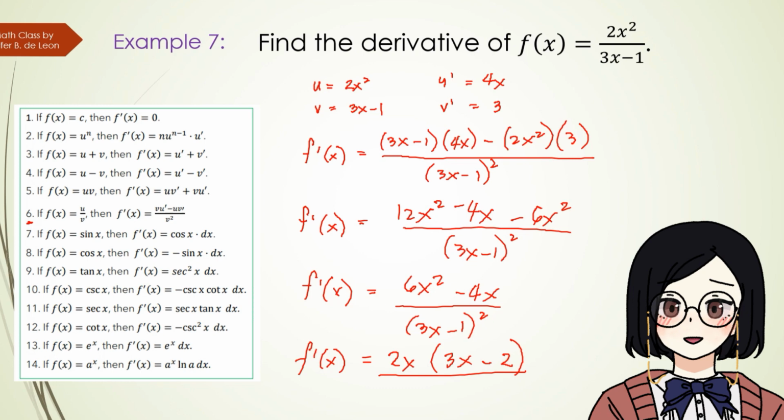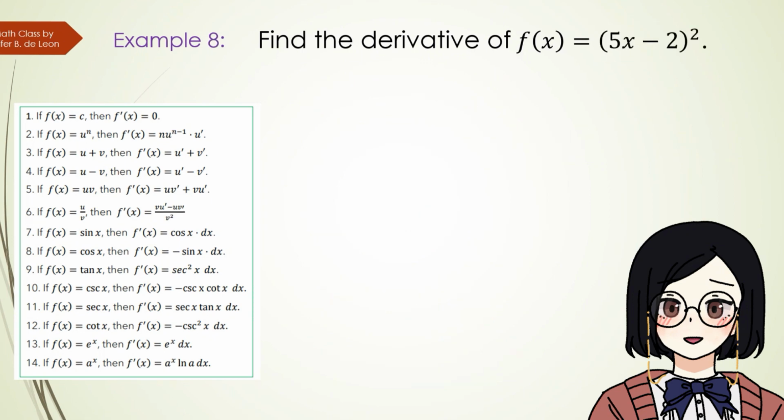So let's see if we have a common factor in the numerator and in the denominator. Unfortunately, we cannot cancel 3x minus 1 and 3x minus 2 because they are different. Therefore, the derivative of the given function is the quotient of 2x times 3x minus 2 and the square of 3x minus 1.